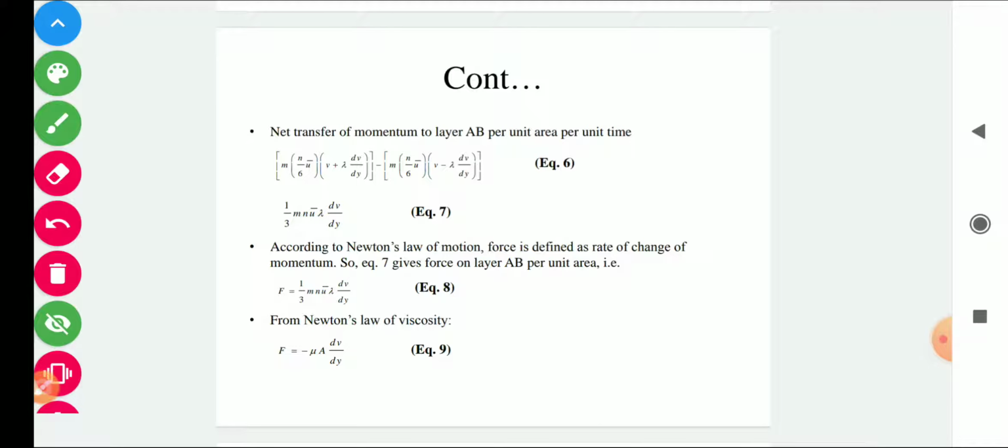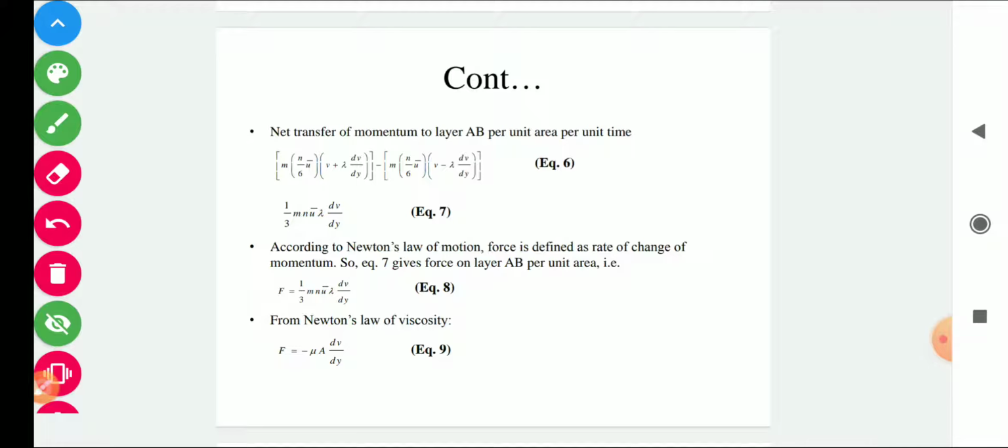Now according to Newton's law of motion, force is defined as rate of change of momentum. So equation 7 gives the force on layer AB per unit area. So this whole quantity will be equal to force per unit area, F equal to 1 by 3 m n u bar lambda dv by dy.